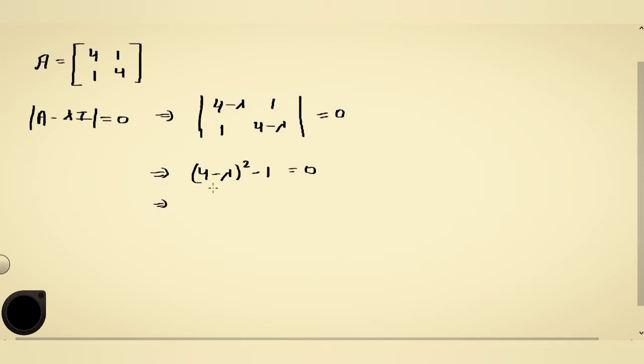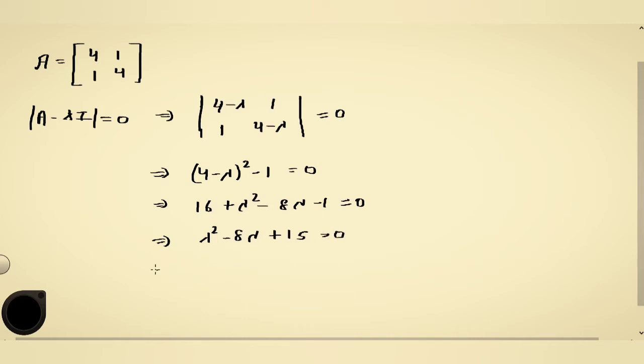Again, try to sort out this equation: 16 plus lambda squared minus 8 lambda minus 1 is equal to 0. So it becomes lambda squared minus 8 lambda, and 16 minus 1 becomes plus 15, equal to 0.